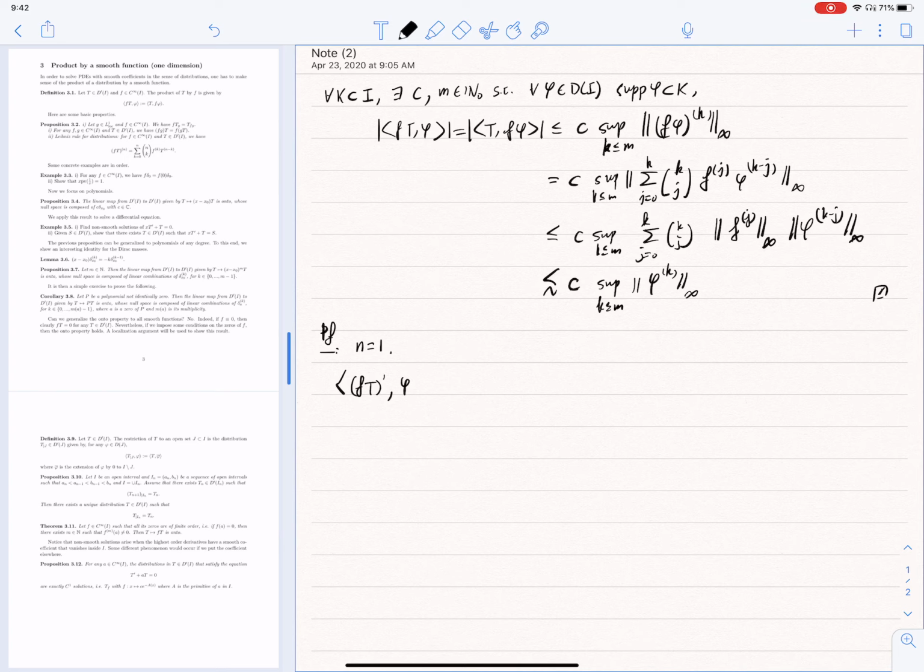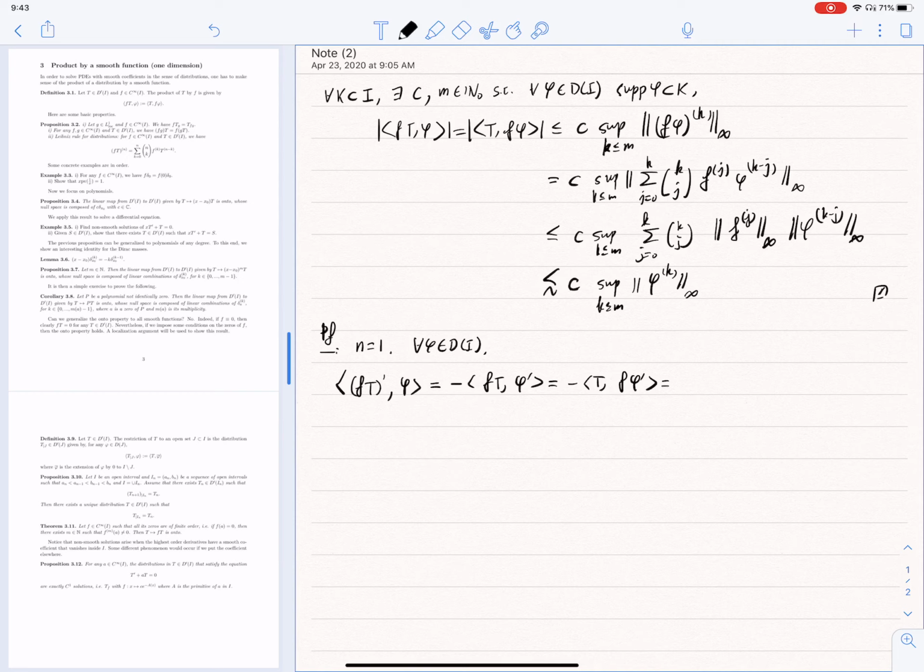For that matter, we're going to apply it to a test function phi, for any test function, and we have, firstly, we're going to use the definition of a derivative. We pass the derivative to the test function with a negative sign, and then we can use the definition to have this.